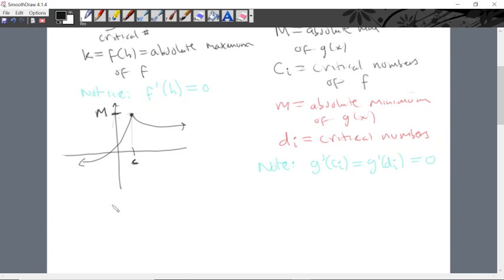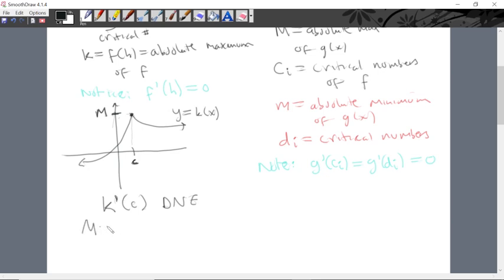But when we talk about what the derivative is going to be at that point, let's call this function k of x, for y equals k of x. Notice now that k prime of c doesn't equal 0, but in fact does not exist.